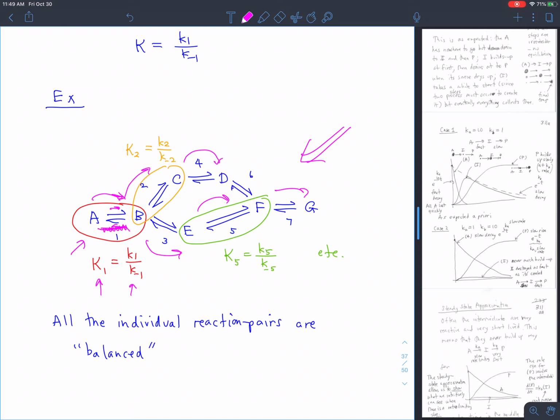And the same thing is true for this pair. There's another equilibrium constant for just this orange reaction, and it will be given by the ratio of the rate constants. And likewise for all of them, including, for example, this green one over here, which says that the equilibrium constant K5 is equal to the ratio of the rate constants K5 and K minus 5, and so on.